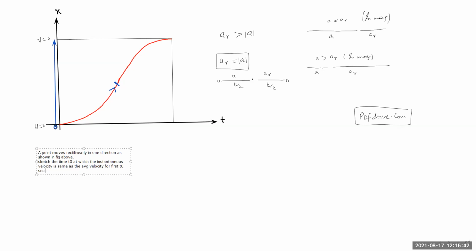It means the average from 0 to t naught will give you the same answer as the instantaneous velocity at t naught itself.